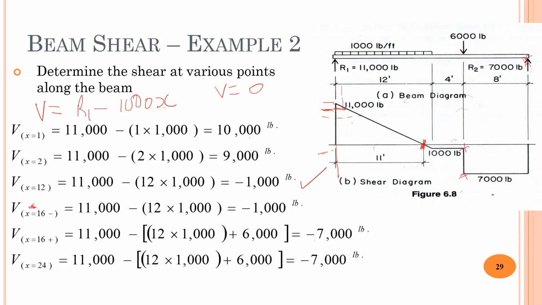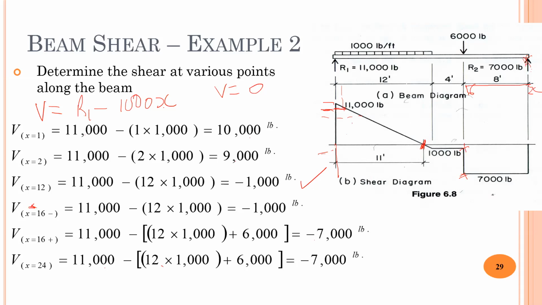So it will be 11 minus 12 times 1,000 plus the 6,000. So all of that is the same value right here. So the 16 starts from here, going right down to 24. So the span between is 8. So that's what that is telling you.